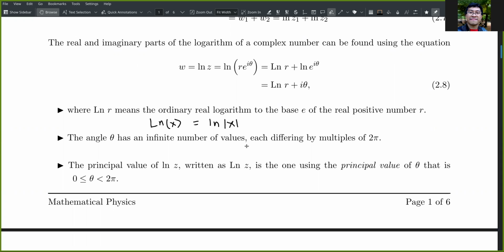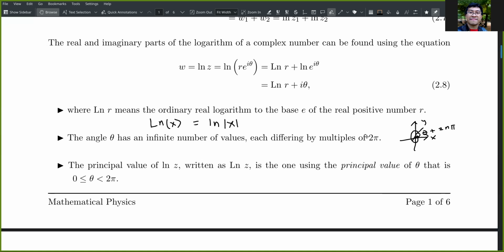The angle theta has an infinite number of values, each differing by multiples of 2 pi. The reason is that if you have the complex plane xy, you have this angle theta. If you go around, rotate 360 degrees, that's still theta. So theta plus, let's say, 2n pi will always be that angle.